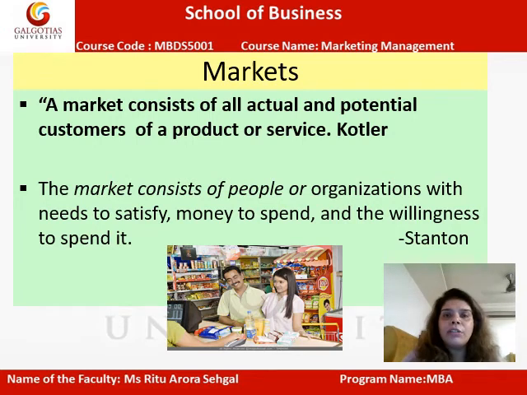That customer is not being communicated with. That customer has not been reached. So that is the potential customer. As marketing professionals, it is important for all of us to understand that there will be certain actual customers in the market, and then there will be certain potential customers.